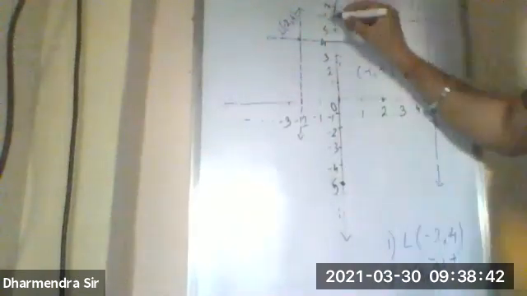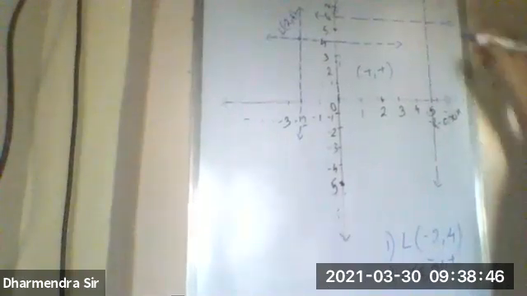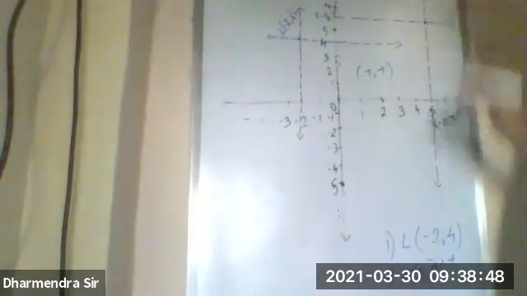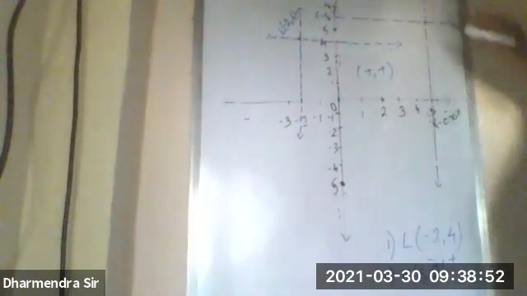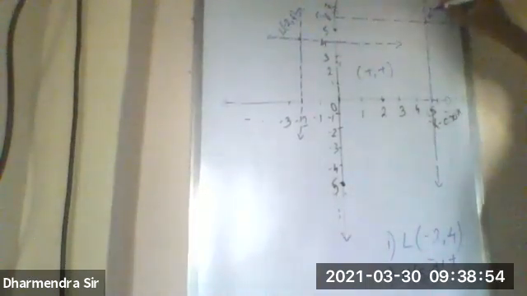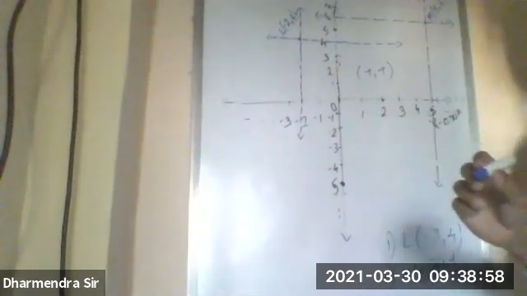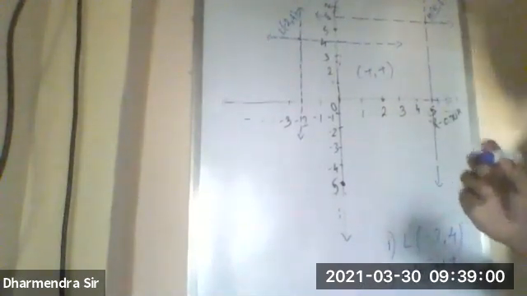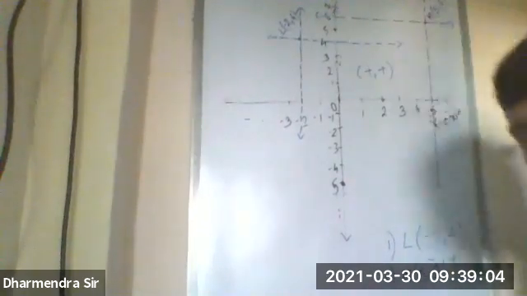This is the point M with coordinate (5, 6), having a value 5 on the x-axis and 6 on the y-axis. Hope even this is clear to you.